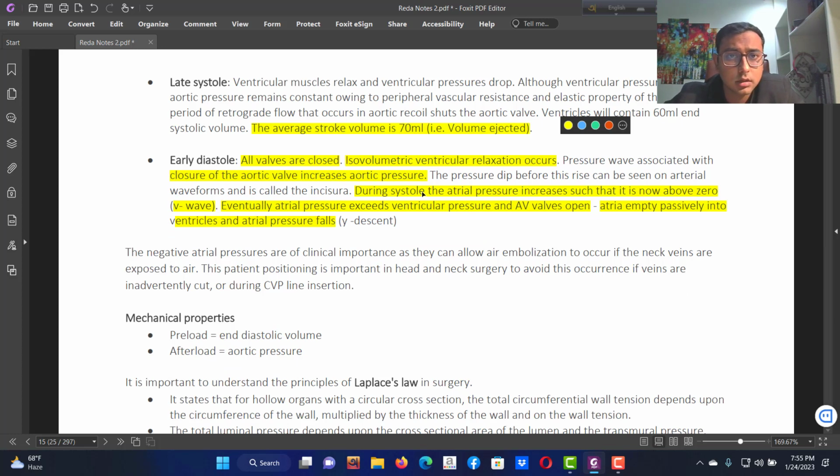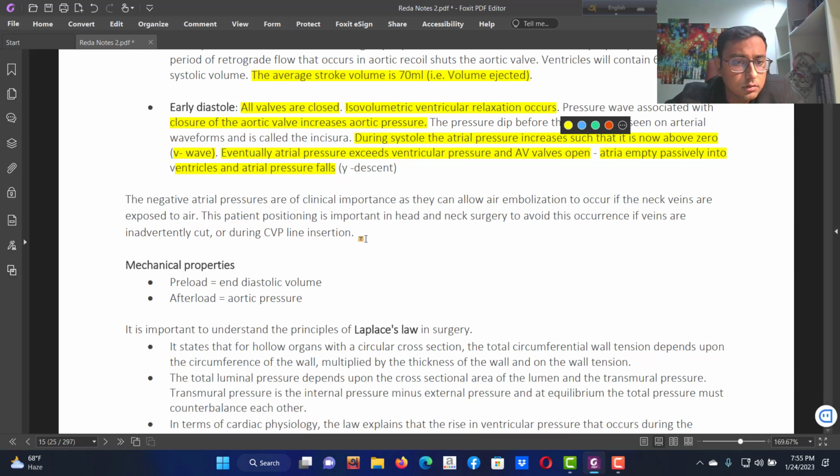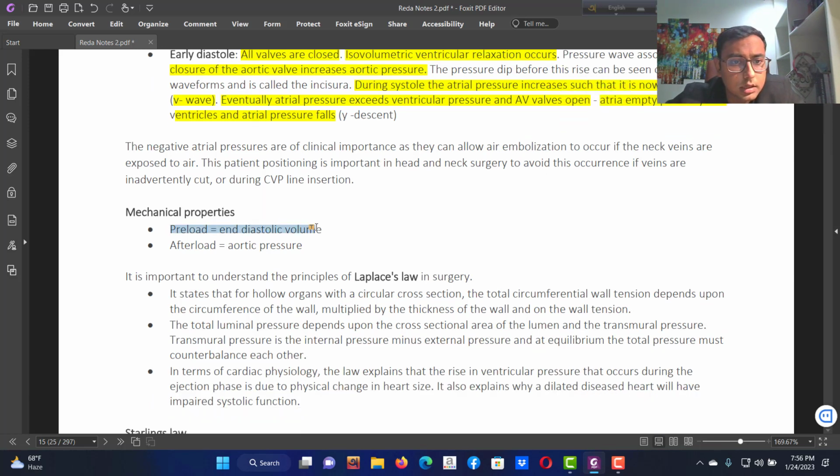In the first page of the previous lecture, I already showed you that X descent and Y descent mean the pressure difference from the atria to the ventricles. Now the two things: preload is end diastolic volume and afterload is aortic pressure. You must know this very clearly: preload means end diastolic volume.